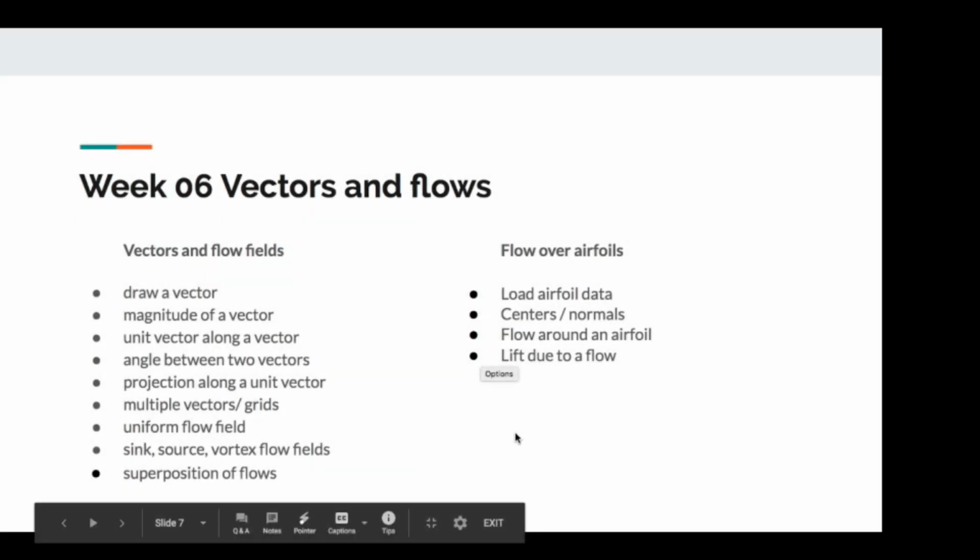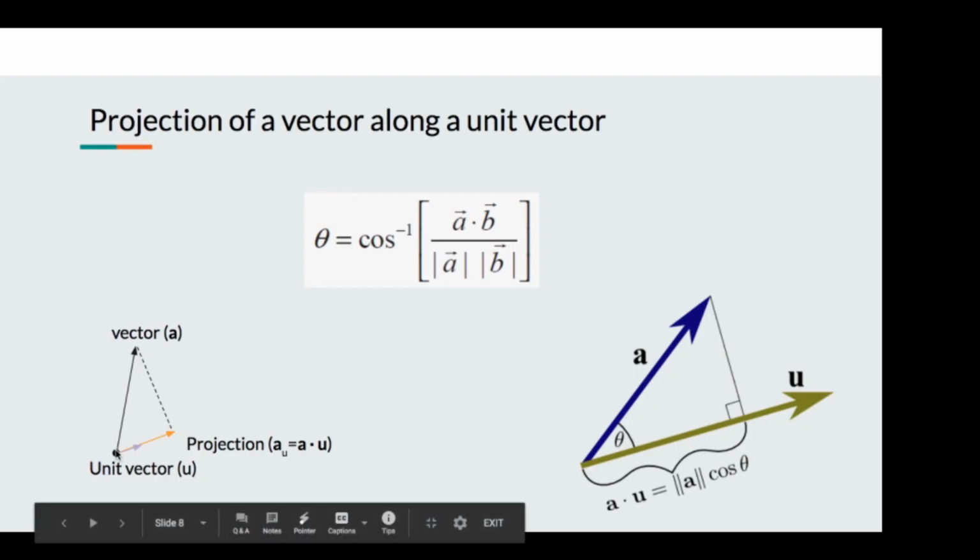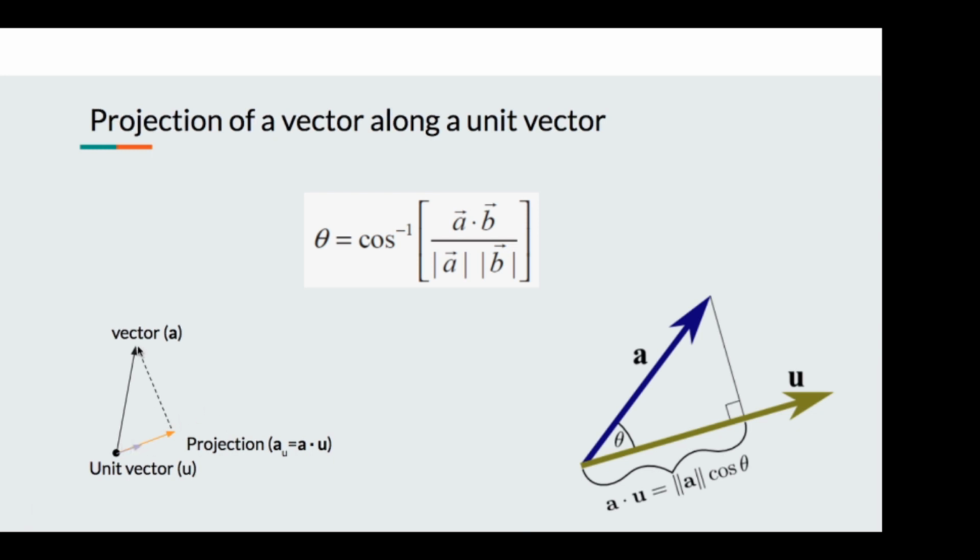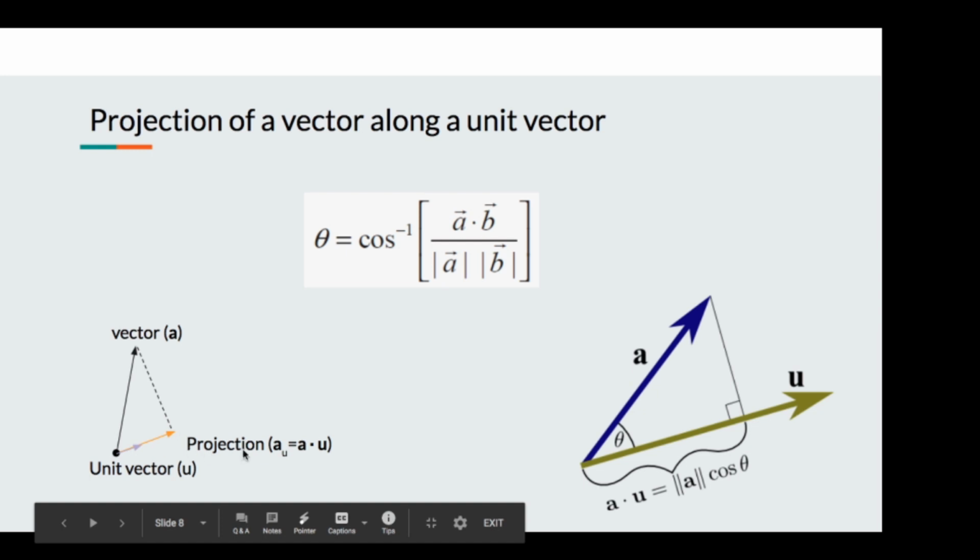In this part, I want to find the projection of a vector along another one. I have a vector A, another vector B, and I want to find the projection of vector A along the other vector B. So in other words, I need the unit vector along the second vector, and I do a dot product to find the magnitude of the projection vector.